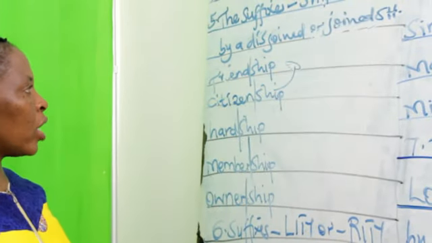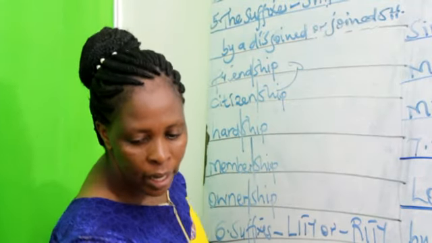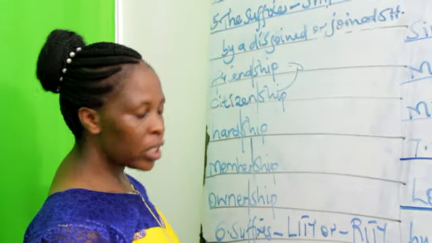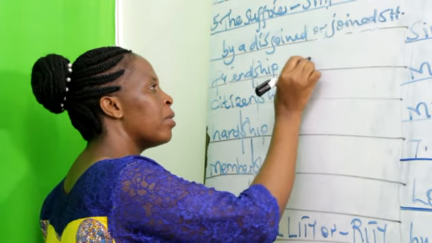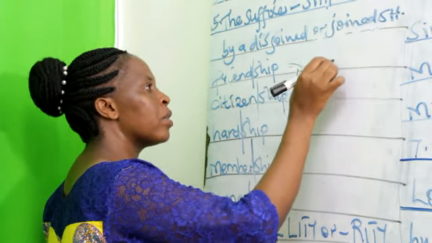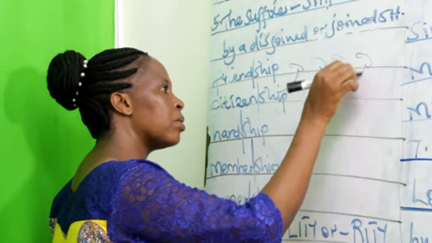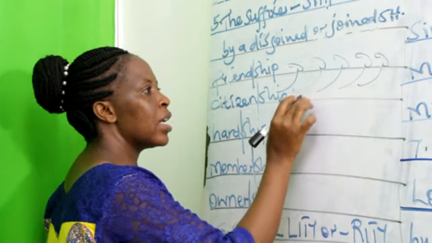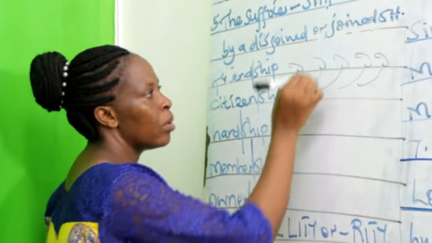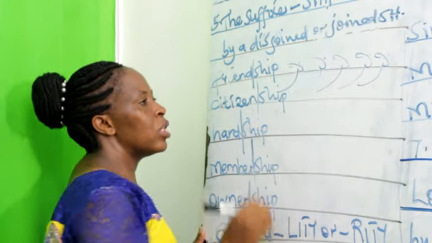So we can either join or disjoin, whichever is easier for you to drill. Friendship. That is how we drill the word friendship. We have a short A there in the second position.